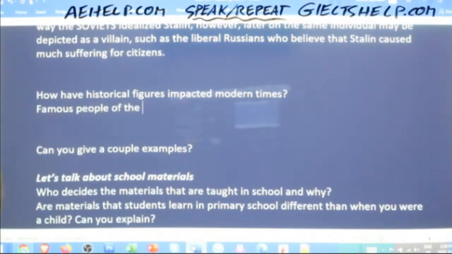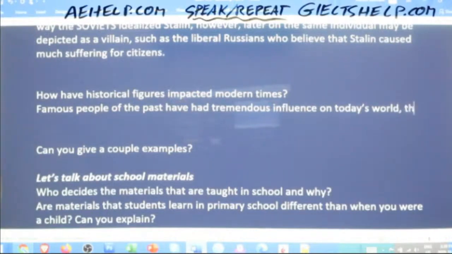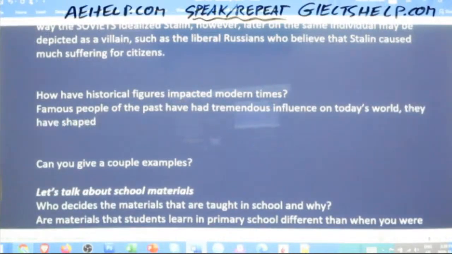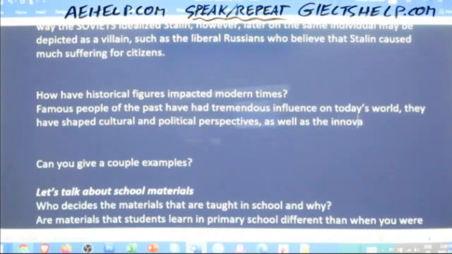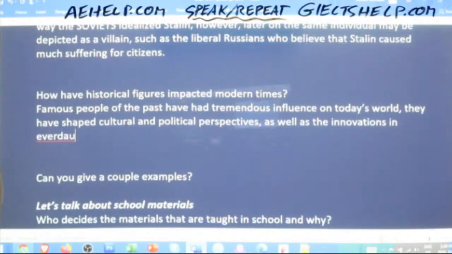Famous people of the past have had tremendous influence on today's world. They have shaped cultural and political perspectives, as well as the innovations in everyday use.